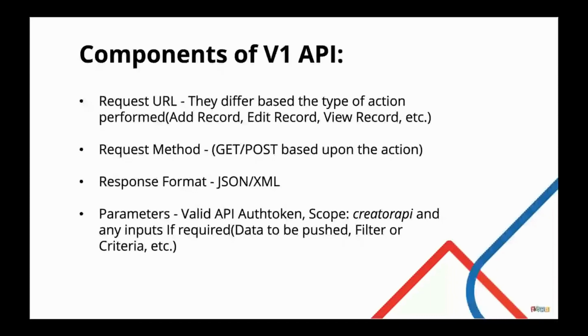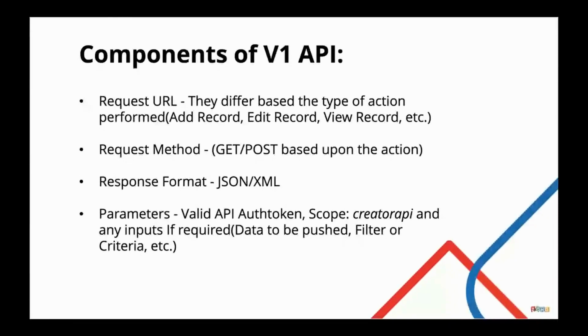And the third is response format. You can define it as either XML or JSON as the response format in V1 version. So we have the option to define the type of response format that you would like to receive in return. And finally, the parameters: a valid API auth token, and the scope, like creator API, which needs to be defined and is a mandatory parameter.